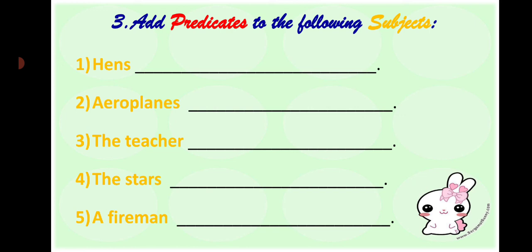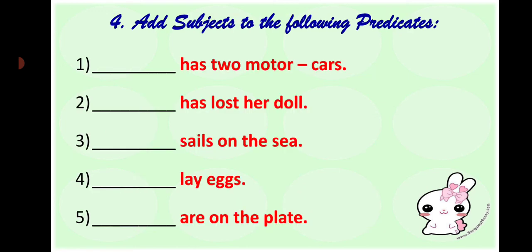A fireman puts off the fire. Rahul has 2 motor cars. Rani has lost her doll. The boat or ship sails on the sea. Biscuits are on the plate.